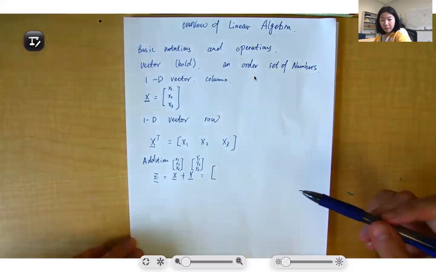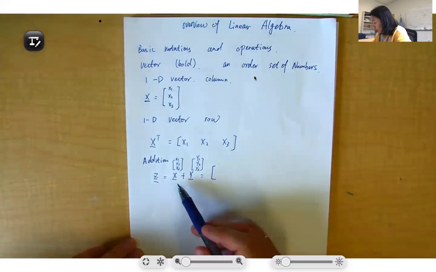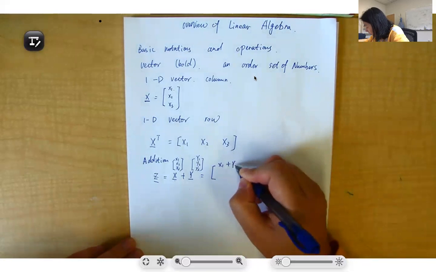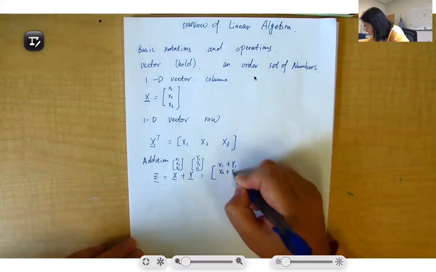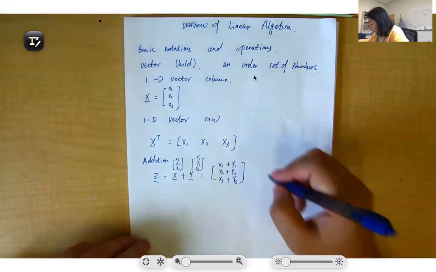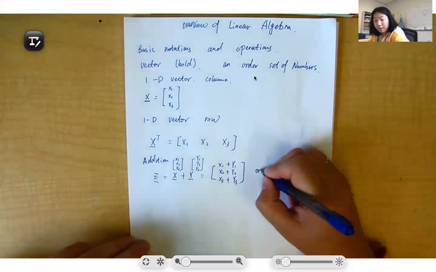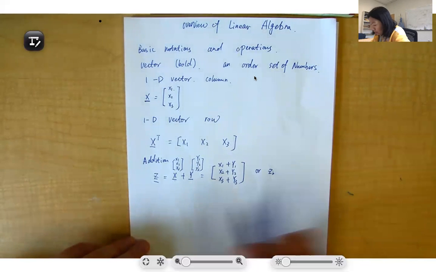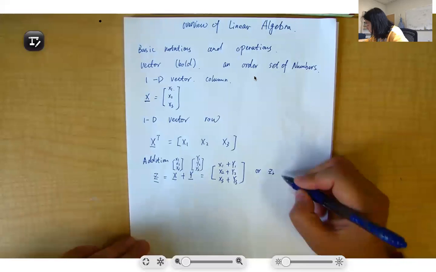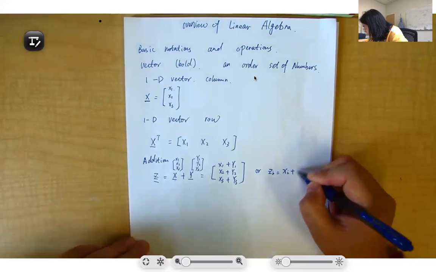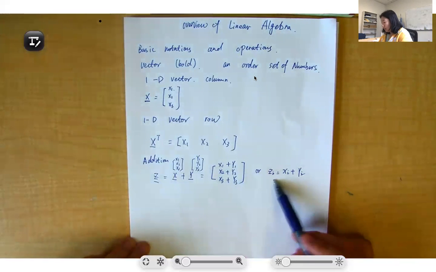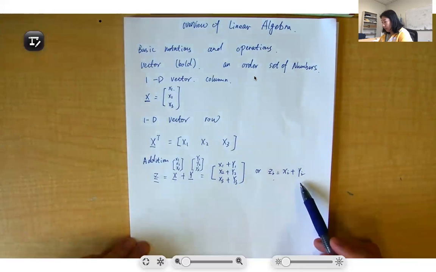Then you have the addition between the 1D vectors x and y, so it's x1 plus y1, x2 plus y2, x3 plus y3. That is the addition part. Or in a simple way, zi in the z vector equals xi plus yi, which is exactly what you wrote here, but with a simplified representation.